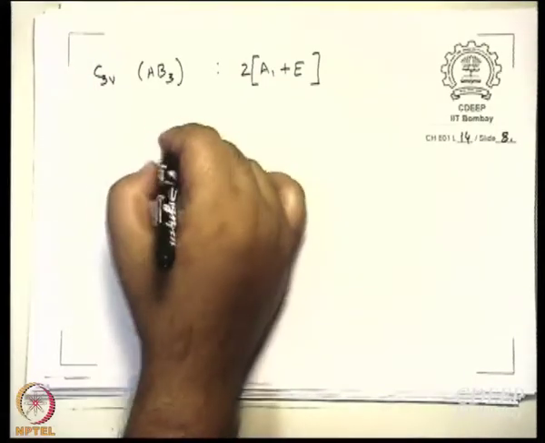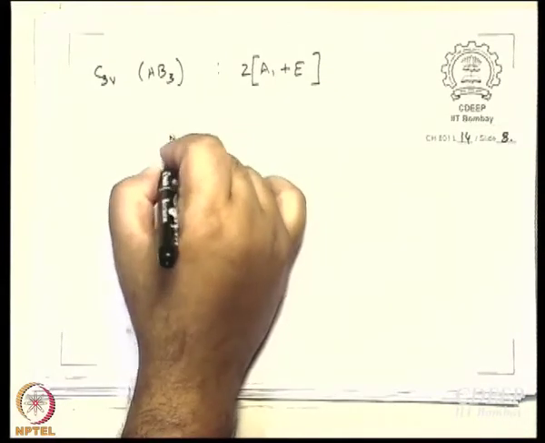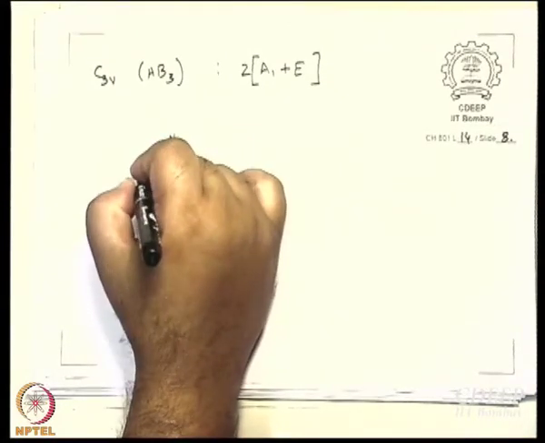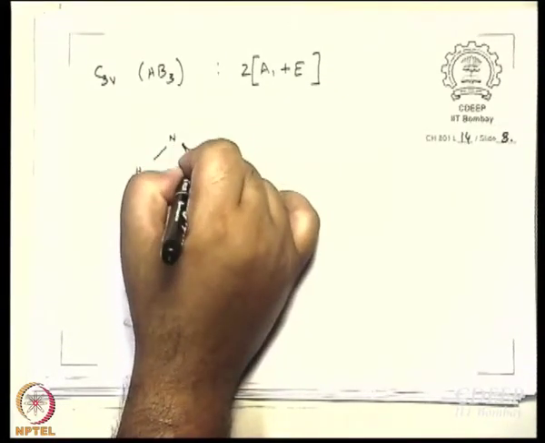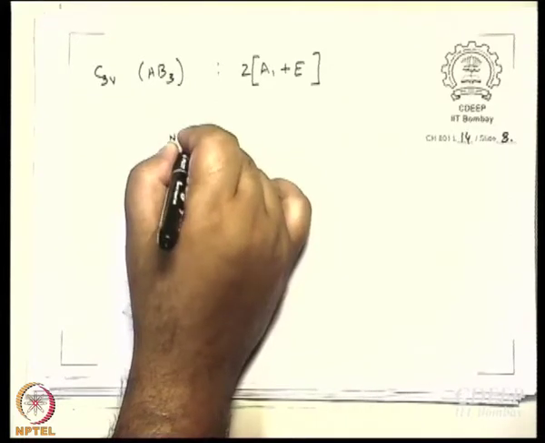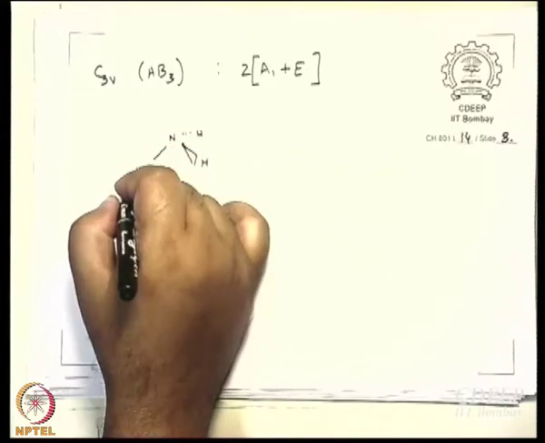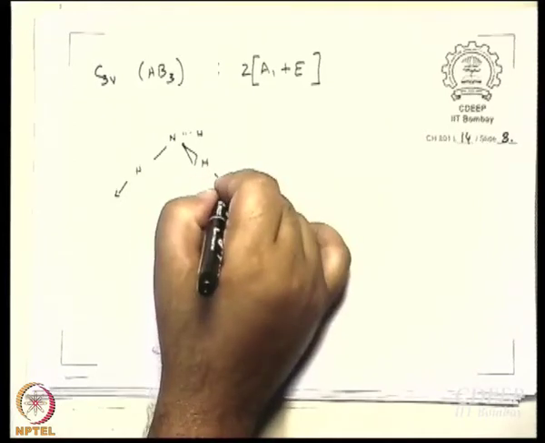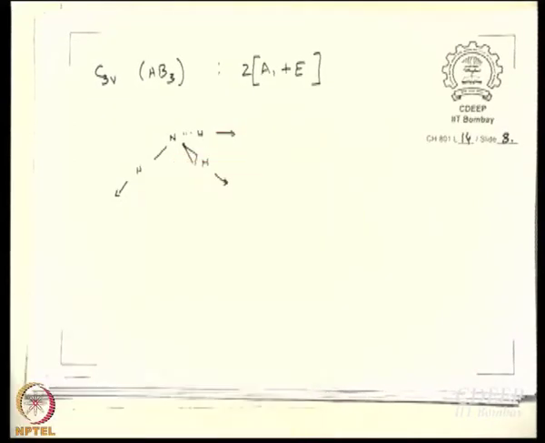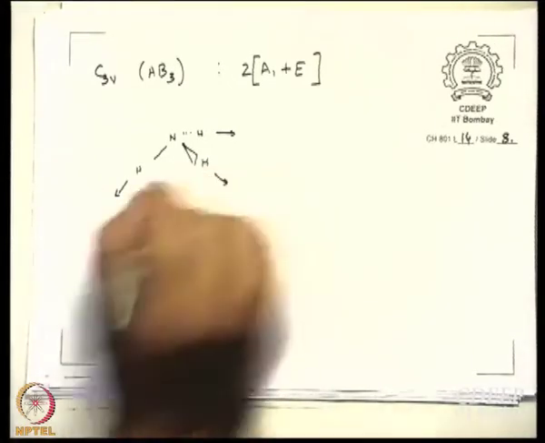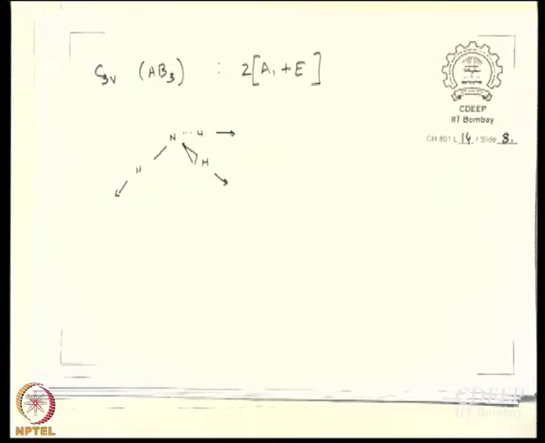So, let us think like this, you have nitrogen, hydrogen, hydrogen, hydrogen going out, and while it is going out, the angles also increase at the same time. I just realized that I cannot draw it.